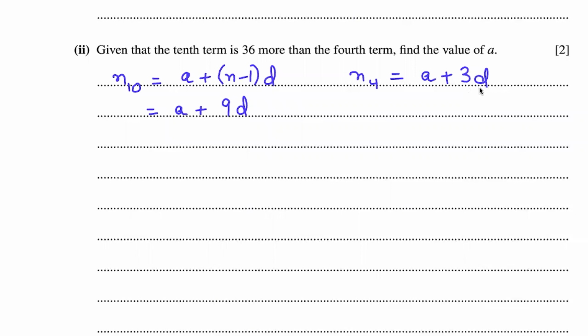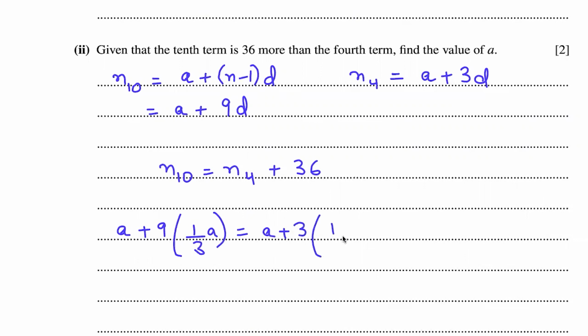Now we know that d is equal to 1/3 of a, so we can write the 10th term is 36 more, so we can first make an equation where it says that the 10th term is equal to the 4th term plus 36. The 10th term is a plus 9d, and in place of d, we can substitute 1 upon 3a, and the 4th term is a plus 3d, so again we can write a plus 3 into 1 upon 3a plus 36.